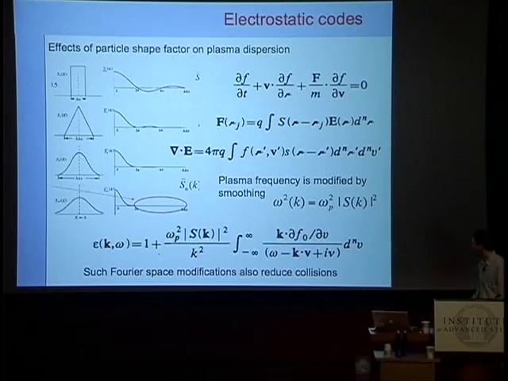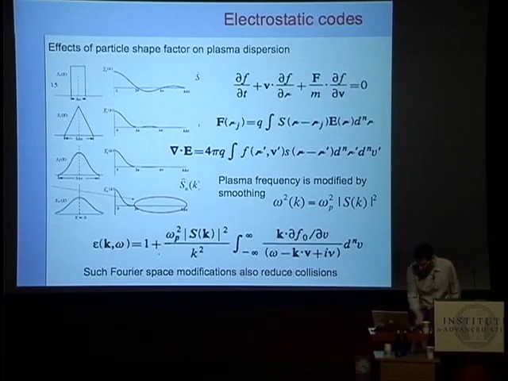And you can go ahead and actually compute the whole theory of plasma dispersion relations using this discretized plasma description. And you will find that it looks very similar to what normal plasma physics looks like, except there are these modifications due to the shape functions that are appearing everywhere.